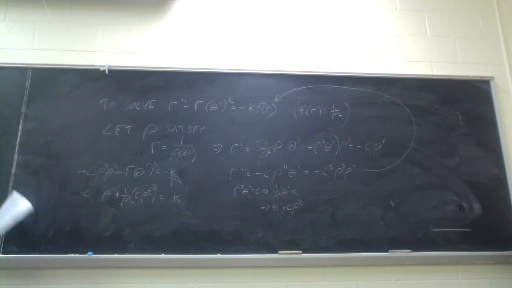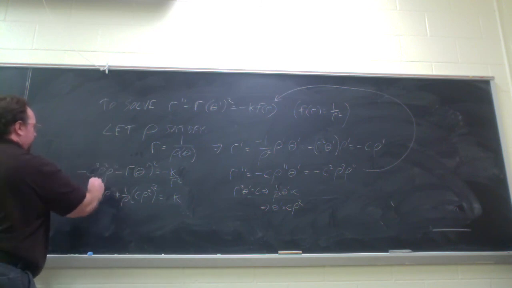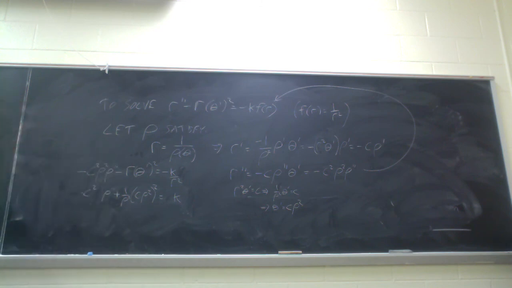Okay. Then I'm going to divide through by, let's see. Oh, sorry, that should be a c squared. Okay. I'm going to divide through by c squared.